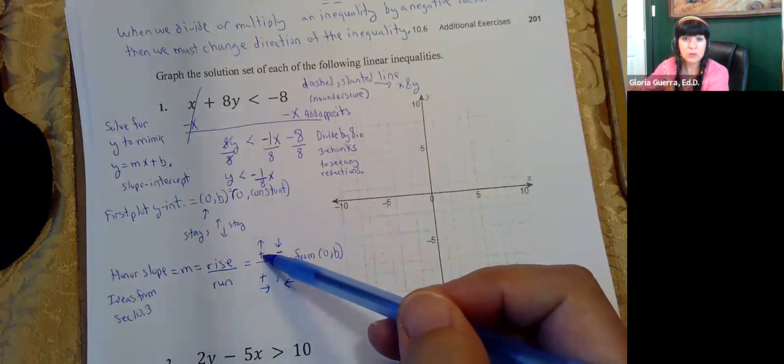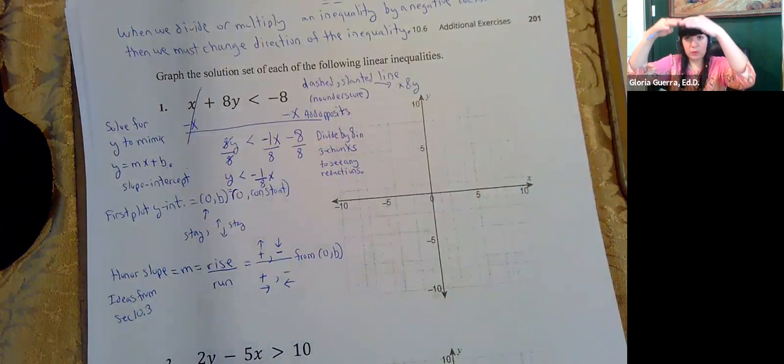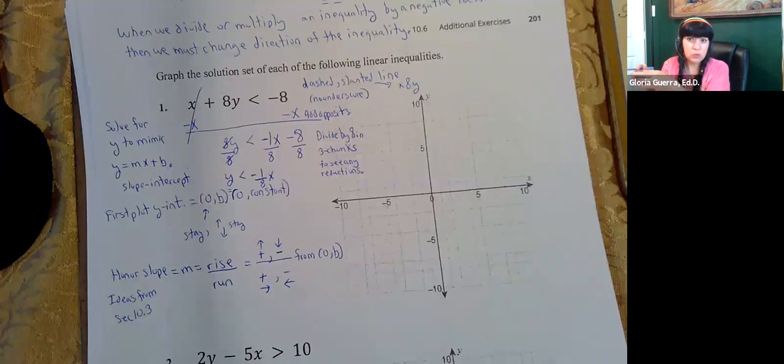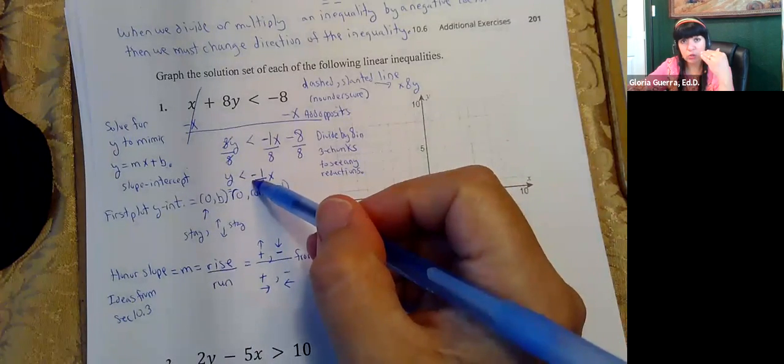You either rise up or rise down, or you run right or run left. So if your numerator is positive, you go up. If your numerator is negative, you go down. Then you hold your pencil, and generally we just run to the right, because usually the denominator is positive. So if your negative is in the middle, we just push it to the top.